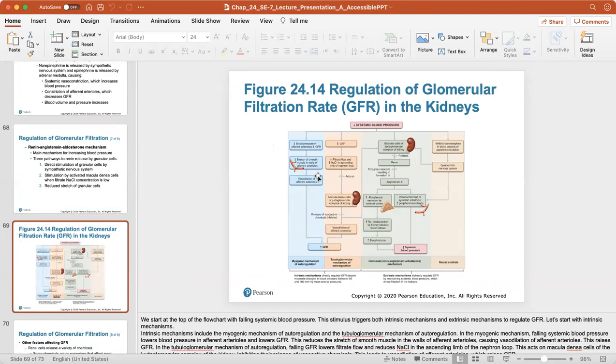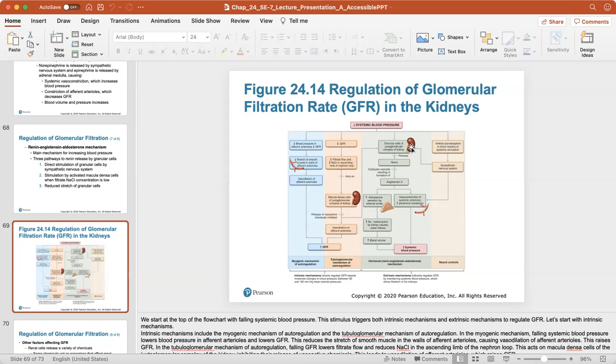This decreased stretch of smooth muscle causes vasodilation to try to increase GFR. The decrease in glomerular filtration rate causes decreased filtrate flow and decreased sodium chloride. This acts on the macula densa cells of the juxtaglomerular complex of the kidney to release vasoactive chemicals and inhibit them to try to vasodilate the afferent arterioles as well.